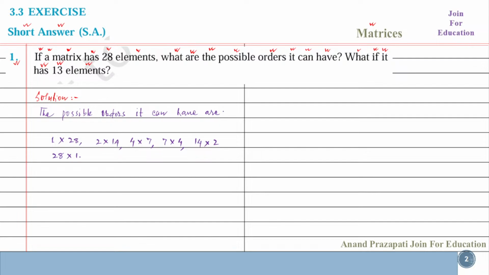So these are the possible orders it can have when the number of elements of the matrix is 28. Now the possible orders when the number of elements is 13.